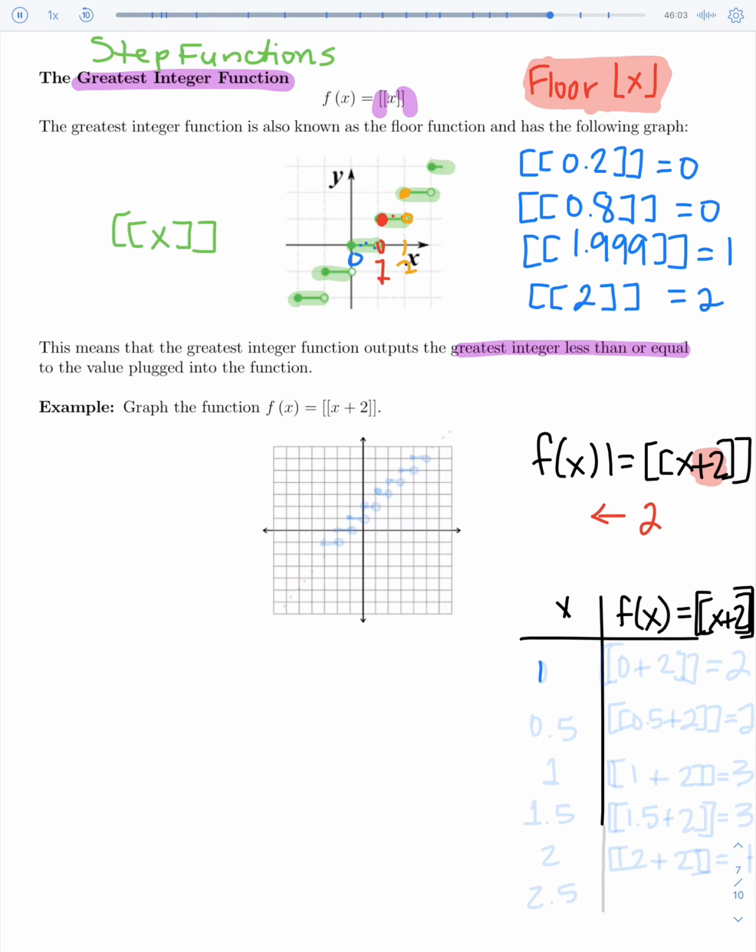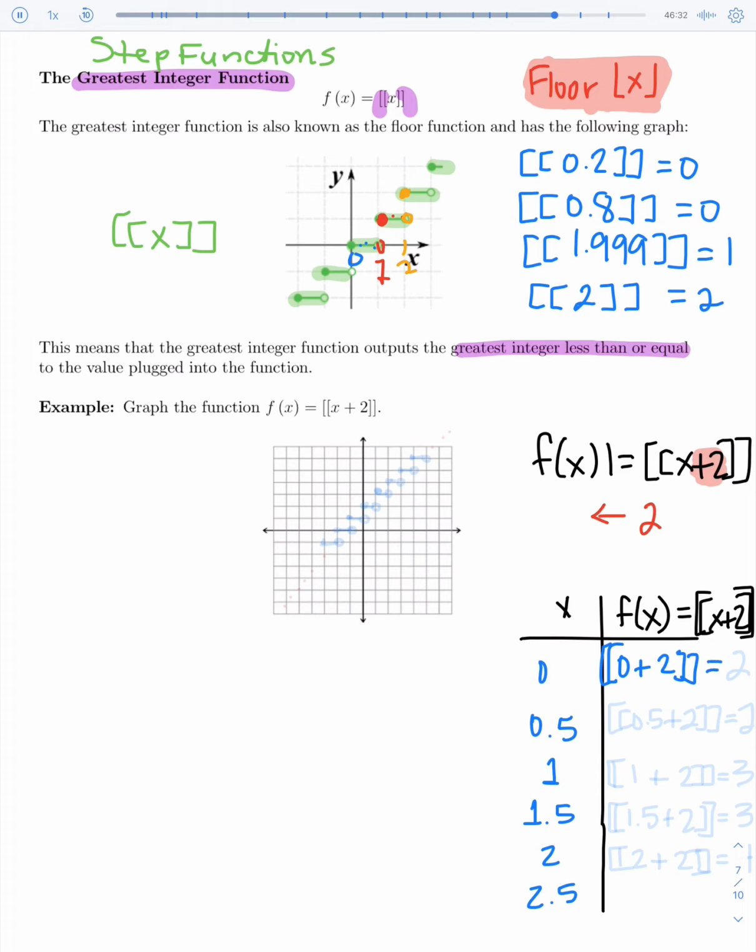Let's start out with, let's say, 0, 0.5, and then let's plug in 1, 1.5, let's plug in 2 and 2.5, just so that we get an idea of what the steps look like and the pattern. Well, let's see what happens. If we plug in 0, we'll get 0 plus 2 into our greatest integer function, which will get us the greatest integer of 0 plus 2, which is 2.